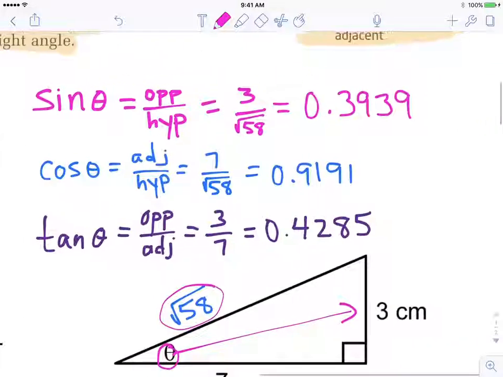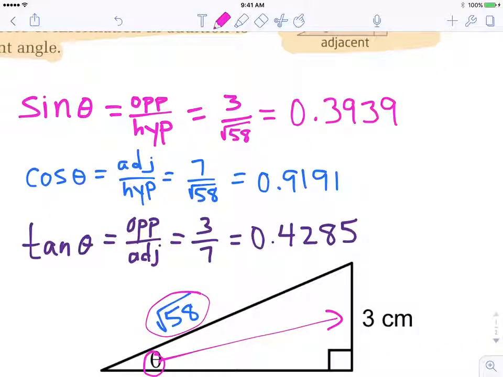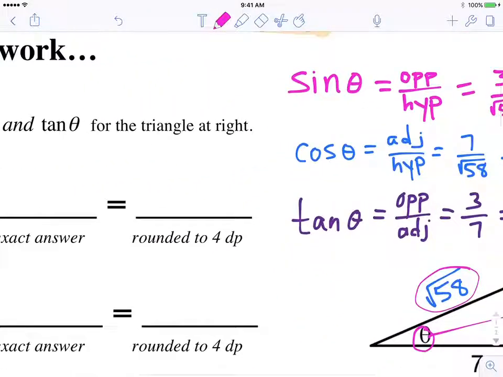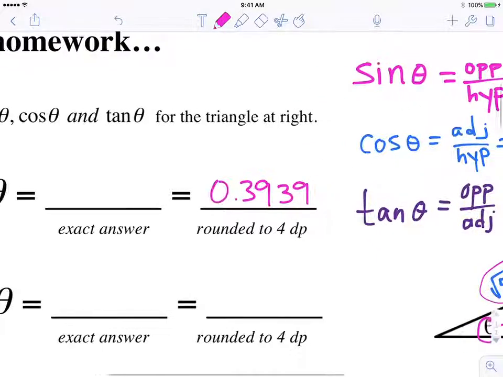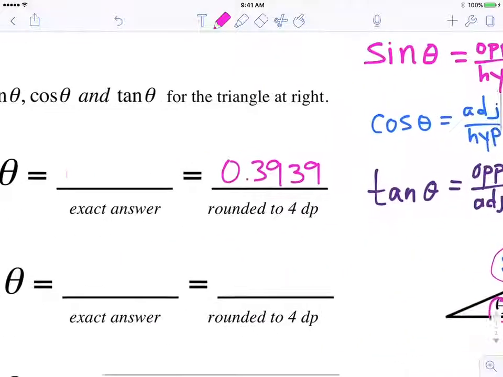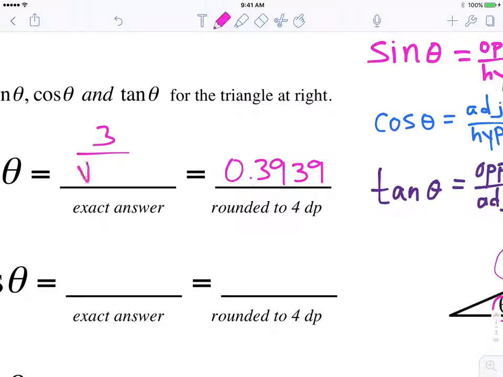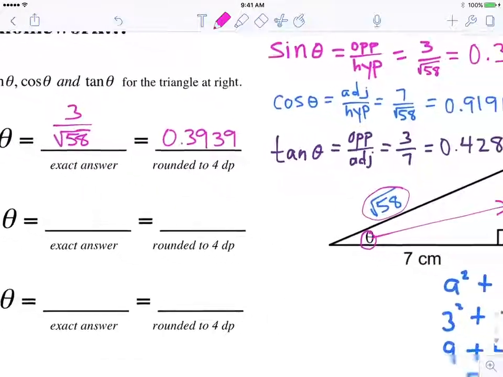Okay, unlike last video, I actually figured out how to change the settings in that calculator, and I've got it now to 4 decimal places. So 0.3939 is what you'd have here. And then, of course, 3 over the square root of 58 would be the exact answer, and rounded to 4 decimal places, 0.3939.